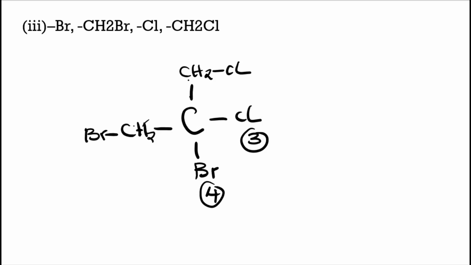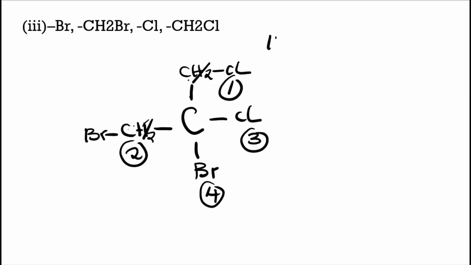This carbon is attached to chlorine, and this carbon is attached to bromine. The two hydrogens cancel because they are the same. Between bromine and chlorine, bromine has the higher atomic number. So this carbon is the lowest because it is attached to chlorine, which has a lower atomic number compared to bromine. So this is number 1, number 2, number 3, number 4.